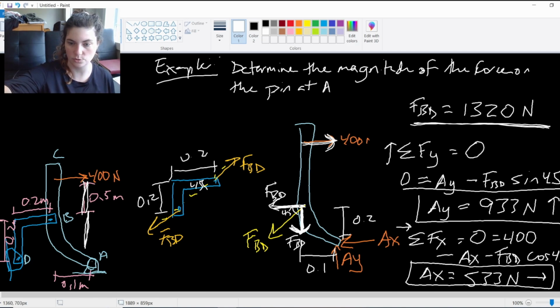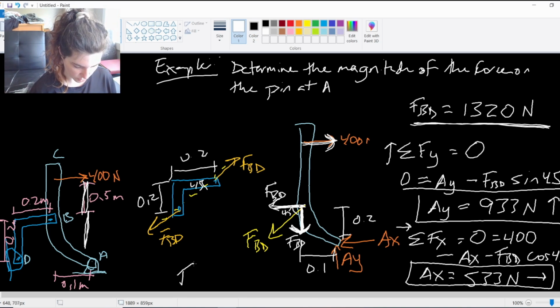So if I do square root of 933 squared plus 533 squared, I get that the magnitude of the total force on A is about 1075 newtons.